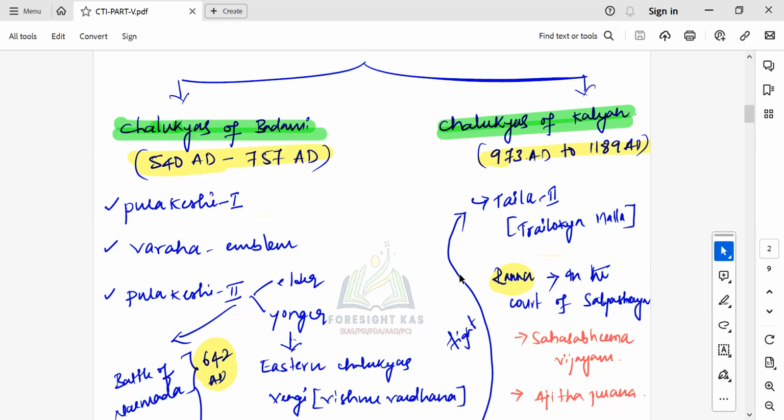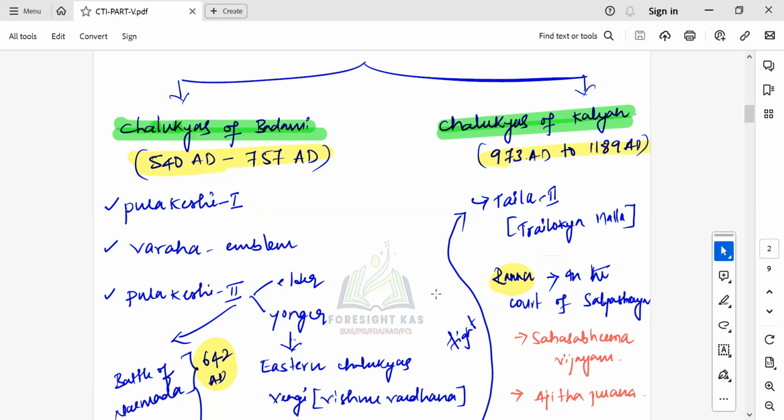Feudatory is a term for a kind of landlord, bigger than the term landlord. A feudal system, of course, has its origin in Europe, with a different hierarchy. That's different in the Indian context, but feudalism in a way means larger zamindars.